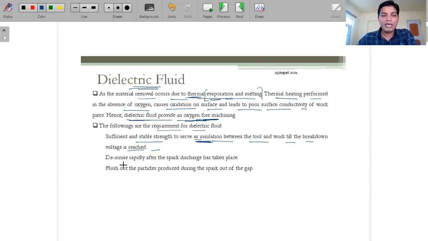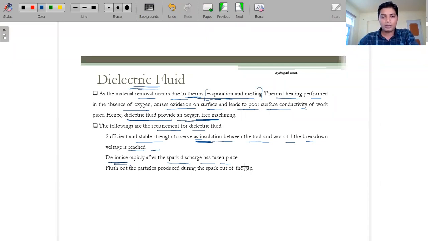Now, it should deionize rapidly after the spark discharge has taken place. This is just like what I discussed yesterday, that we do not want formation of ions here. Otherwise there will be no difference between ECM and EDM.